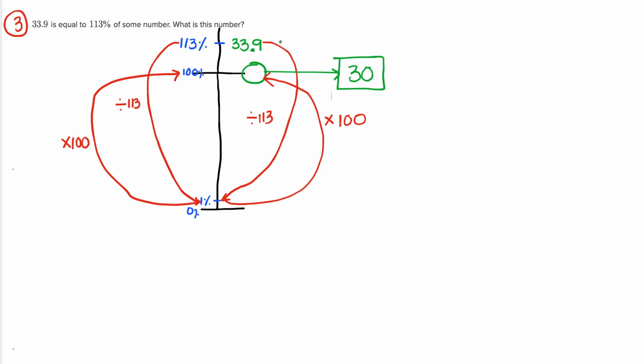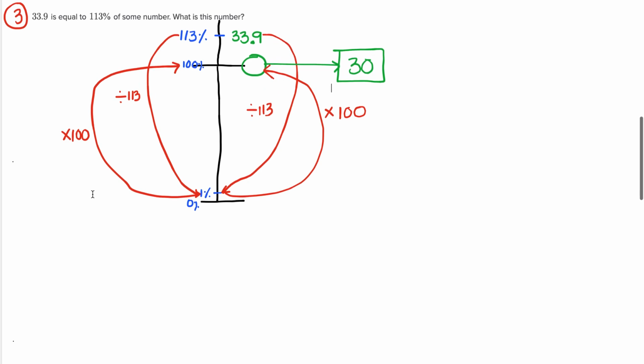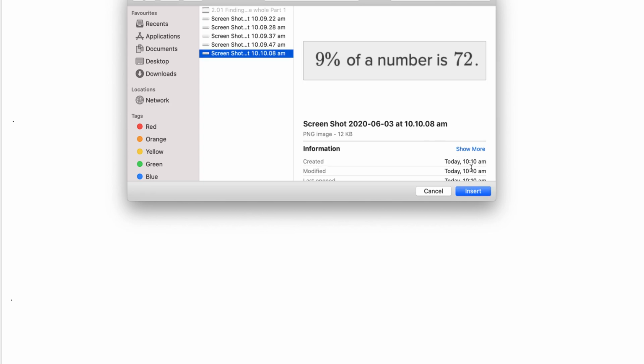Okay, let's do another one here. This one was the one that we just did, and this one. Okay. Good. So it says, this is example 4. It says 9% of a number is 72. We have to find the whole, okay?